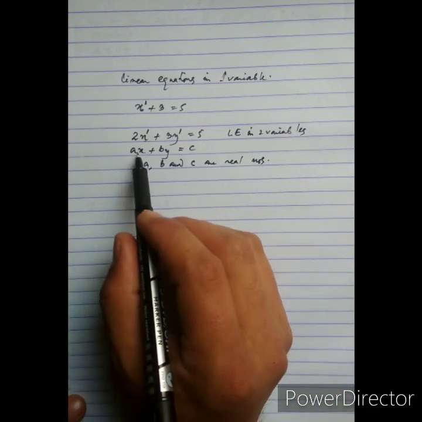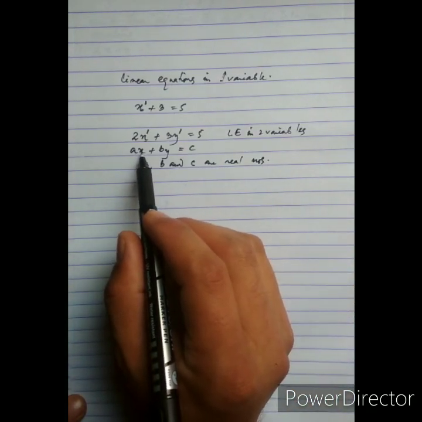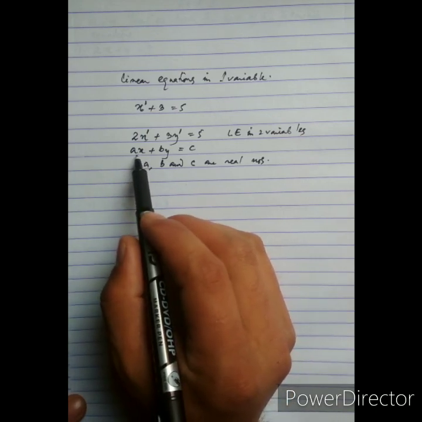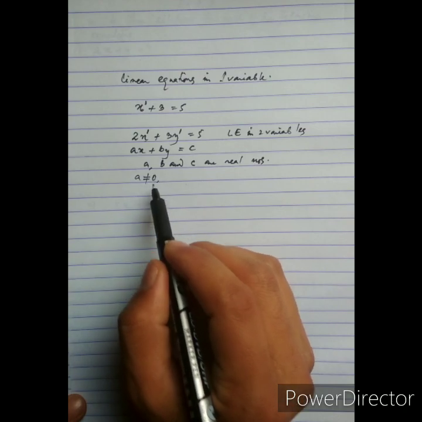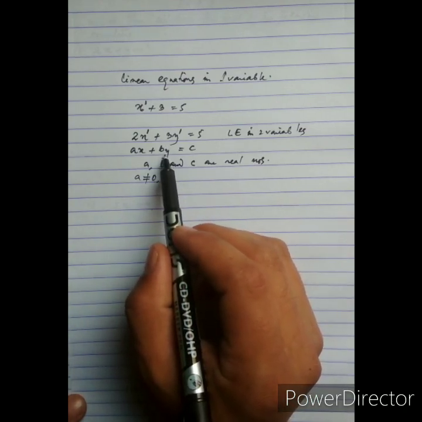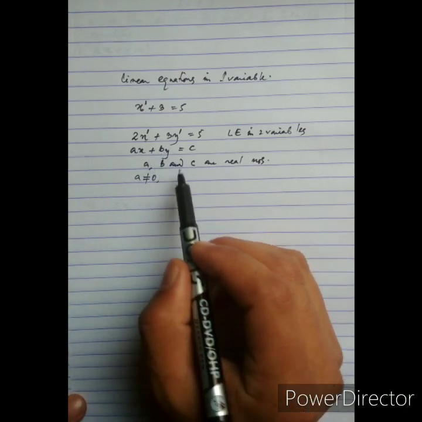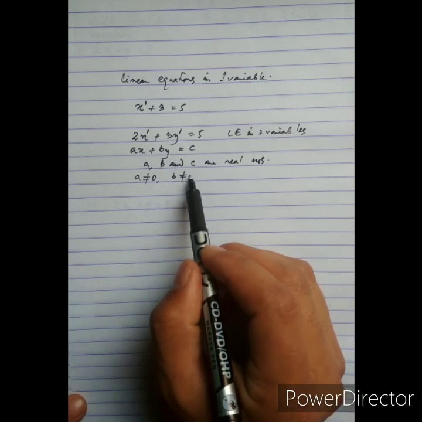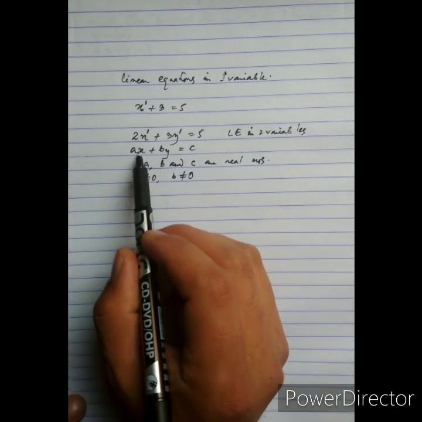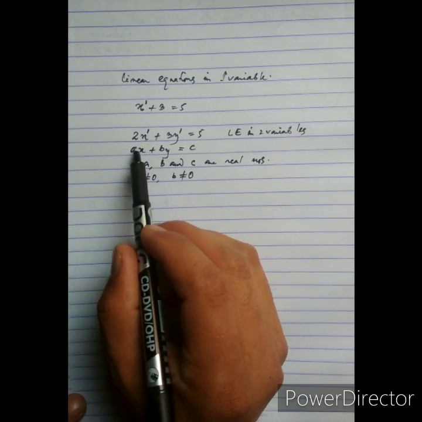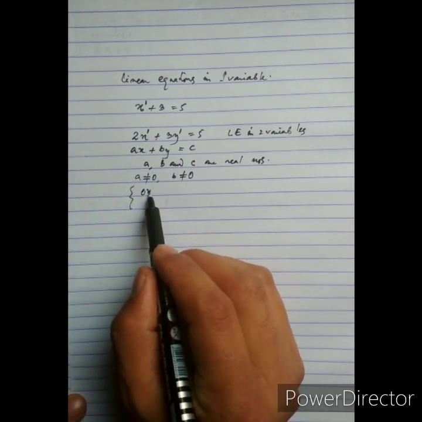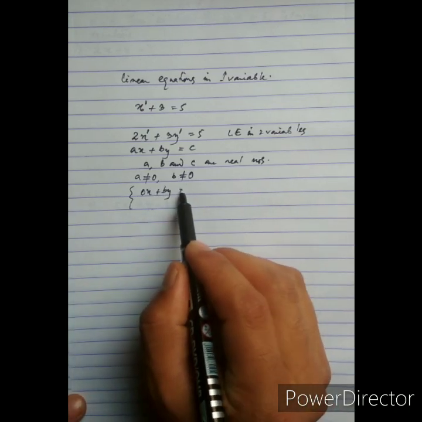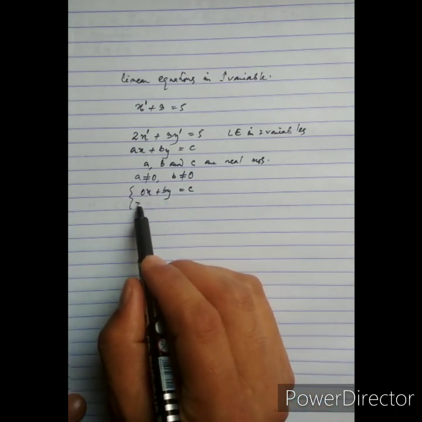And don't forget, the coefficient of x, that means a, should not be equal to 0. And the coefficient of y, that means b, should not be equal to 0 either. If a becomes 0, let me check: 0x plus by equal to c.